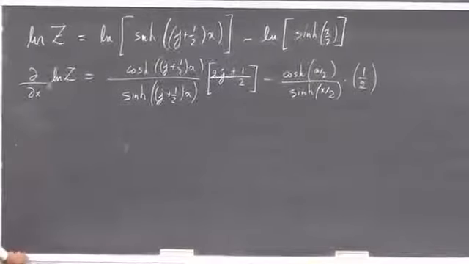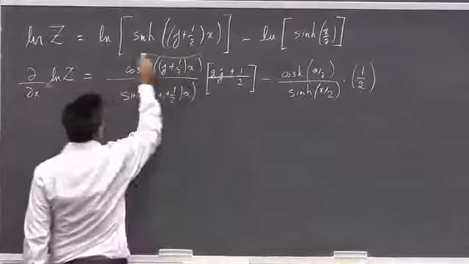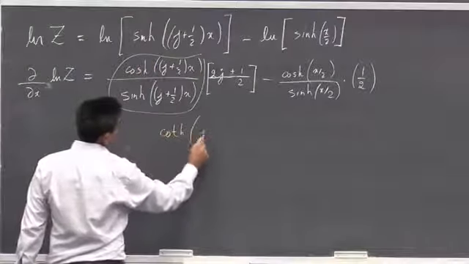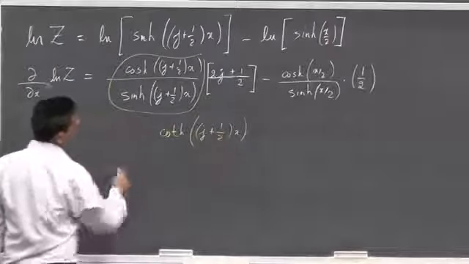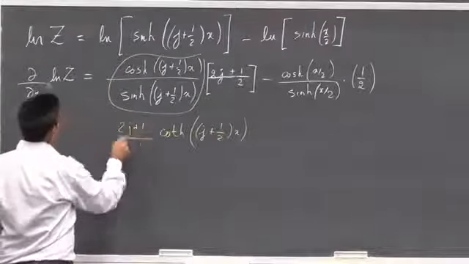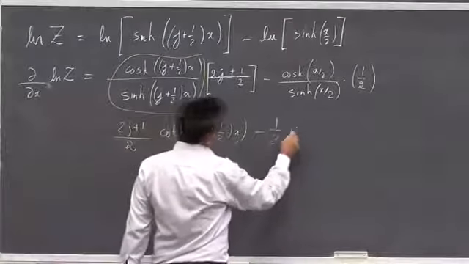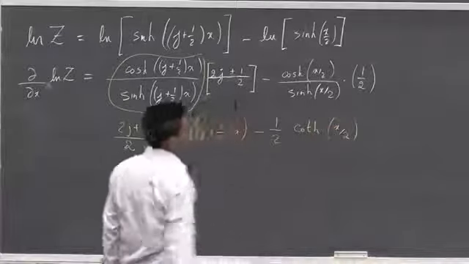So this thing is simply cotangent h of j plus half x, times 2j plus 1 over 2, minus 1 half cotangent h of x over 2.